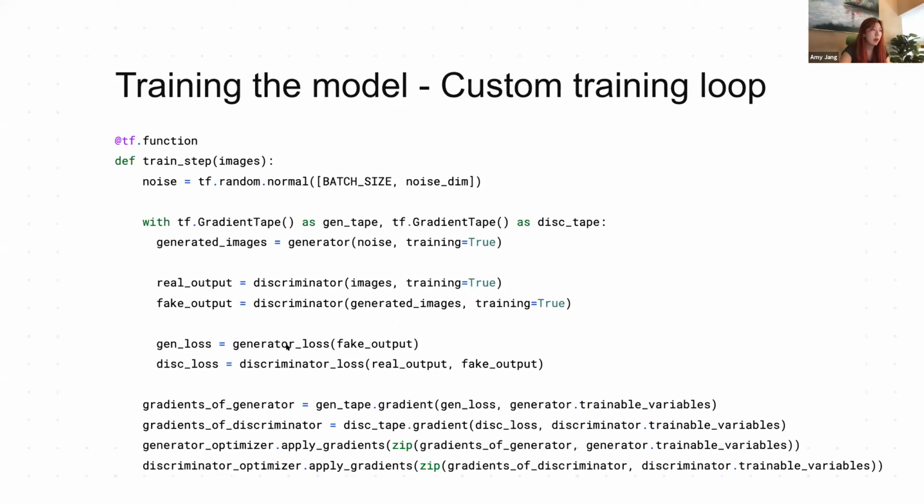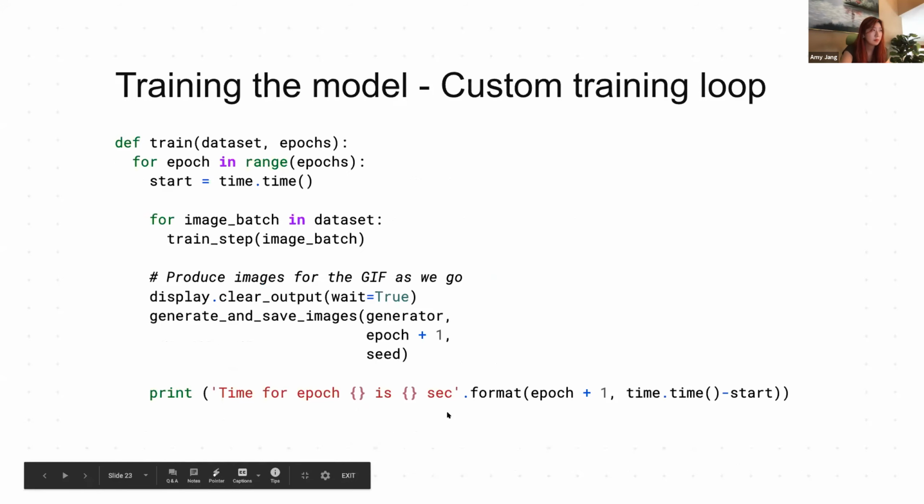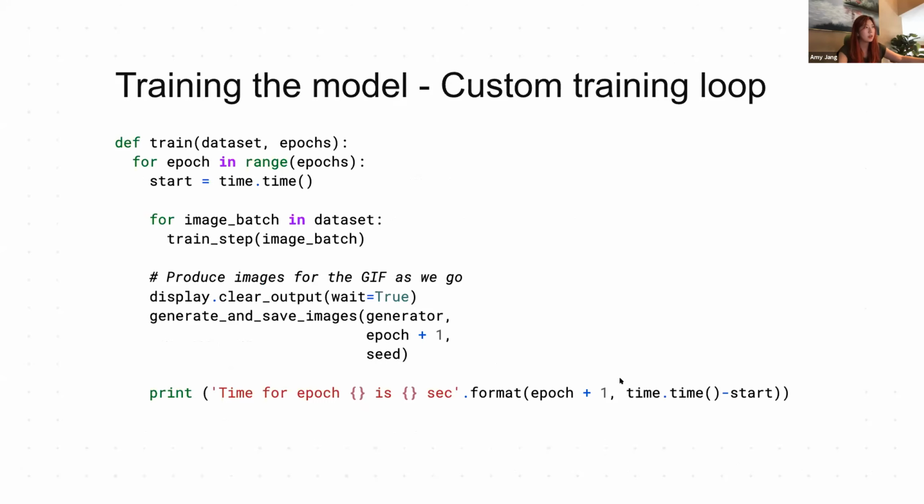After you get these values, by using tf.GradientTape, you will adjust the variables based on the loss functions that you defined earlier. And then you would just train it with the number of epochs that you want.